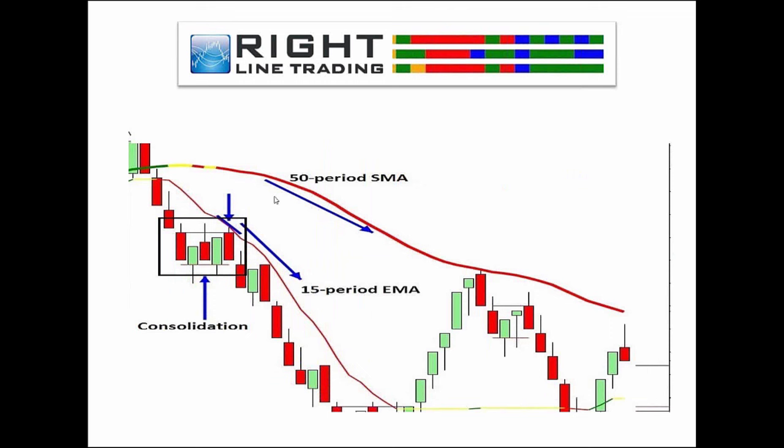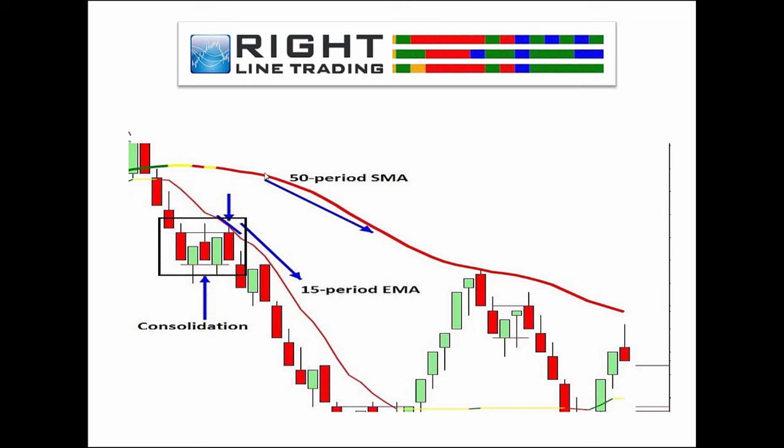Now, the other thing that we look at is the direction of the 50 and the 15. I mentioned it before, but we want the 50 simple SMA, this is just a simple moving average, and we want our proprietary 15 to be moving to the downside.